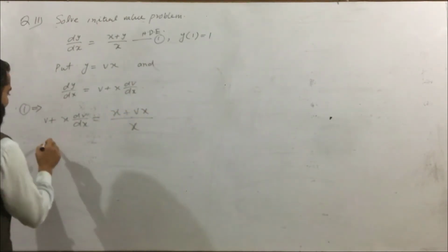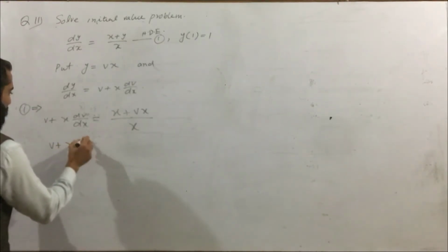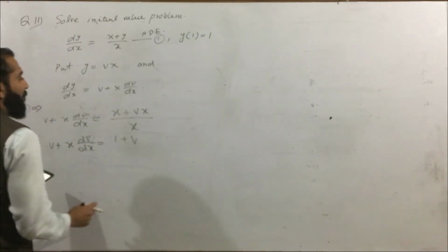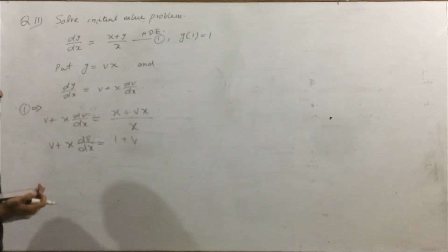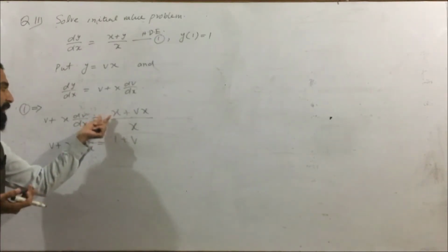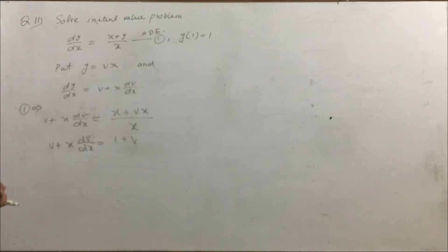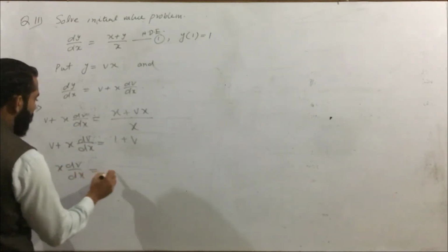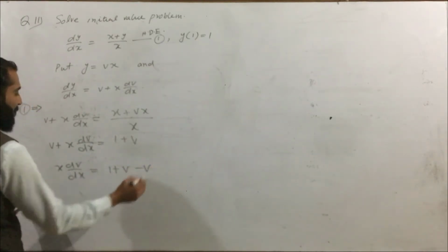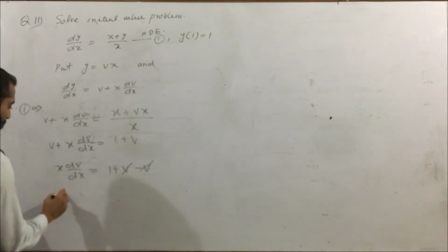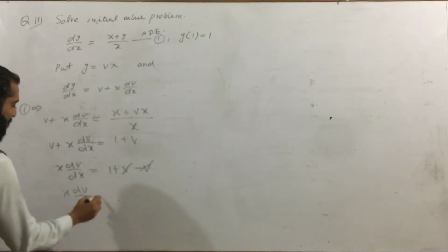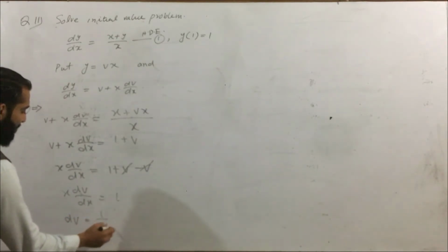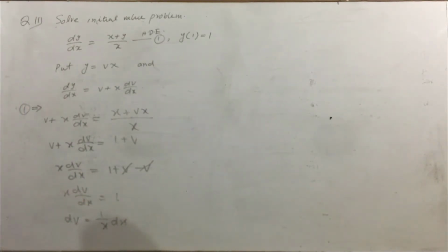By taking x common, we have 1 plus v, because the x we take common from the upper side cuts out with the lower denominator. Now x dv over dx is equal to 1 plus v minus v from the other hand side. This v cancels out. x dv over dx is equal to 1 and dv is equal to 1 over x dx. The variables have been separated.